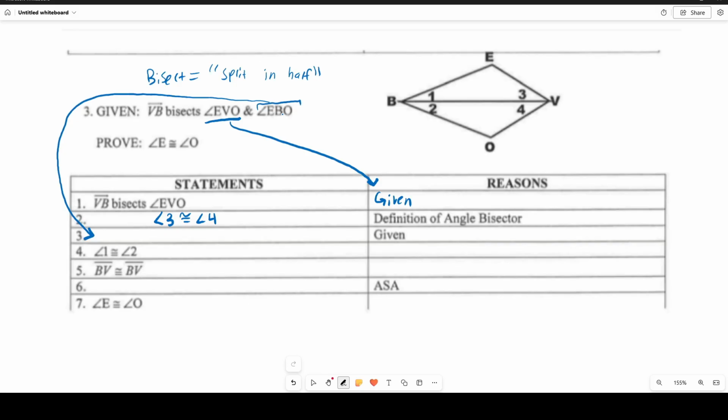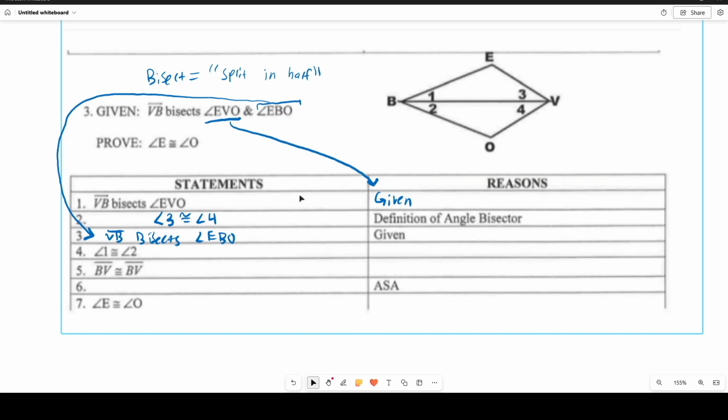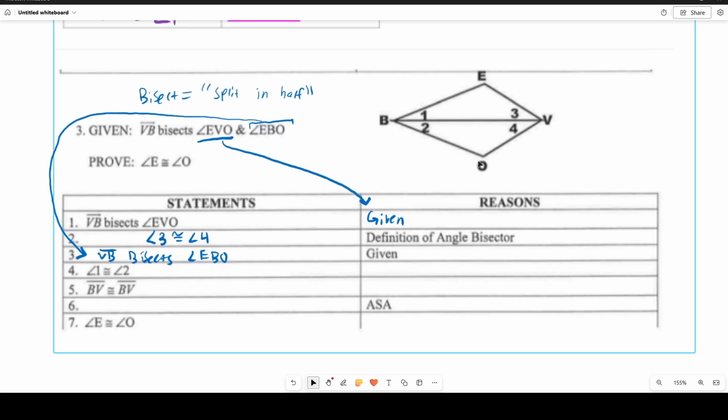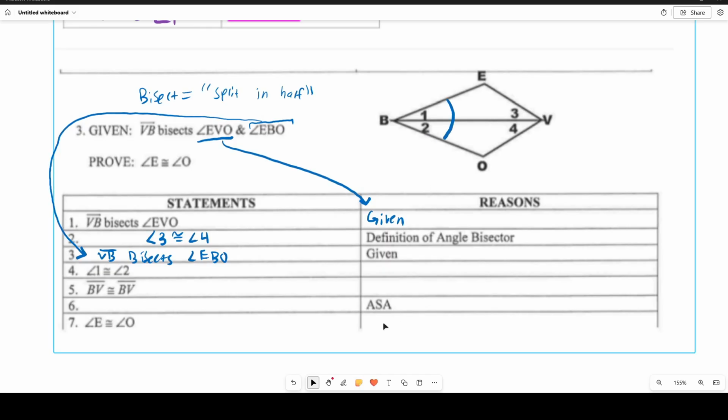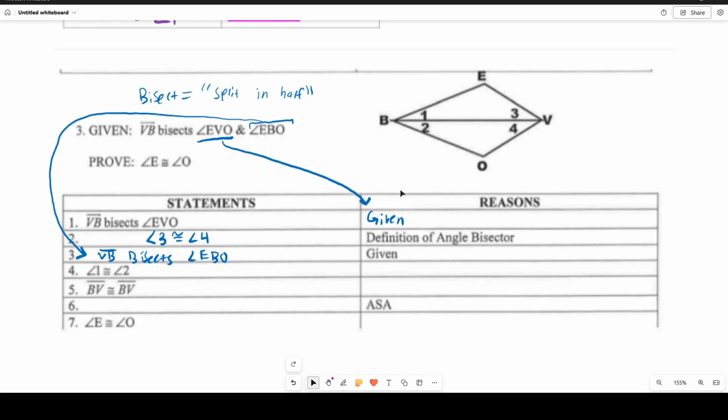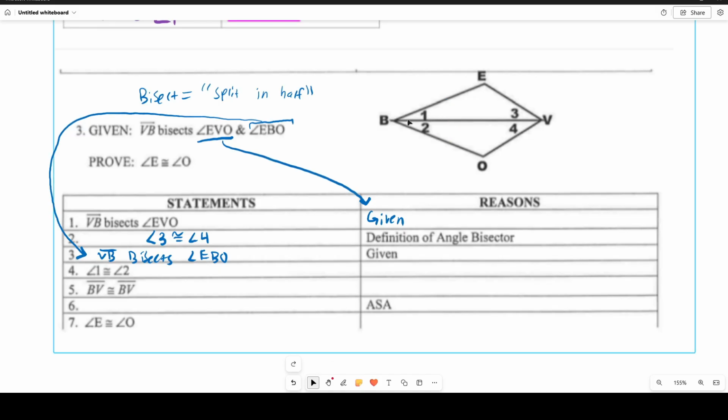So if we have that VB bisects angle EBO, then what does that mean? Well, let's look at EBO. EBO is right here. It's this whole angle right there. It's made up of angle 1 and angle 2. Well, if we split angle 1 and angle 2 in half equally, then we just have angle 1 equaling angle 2. That's exactly what we're given here for this statement.